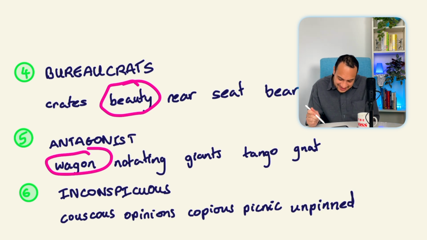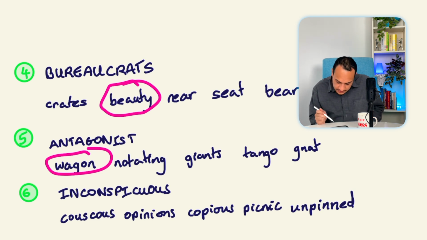Next, we've got inconspicuous. We've got couscous. There's enough U's and O's to make that happen, and we've got two C's and two S's, so we can form couscous. Opinions, OPINIONS, so that can also be formed.